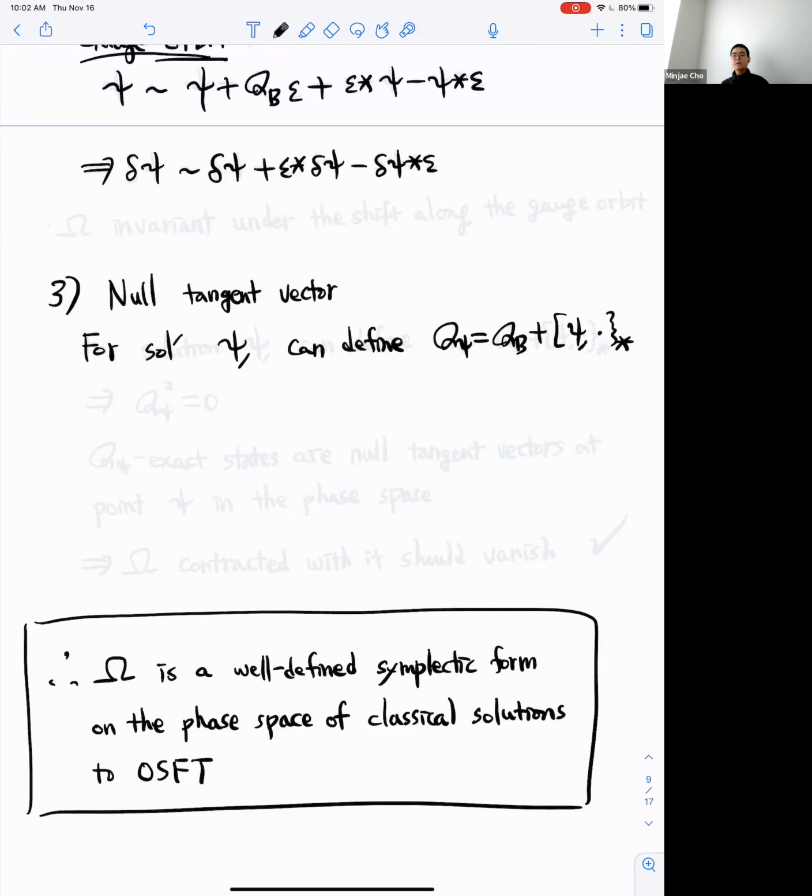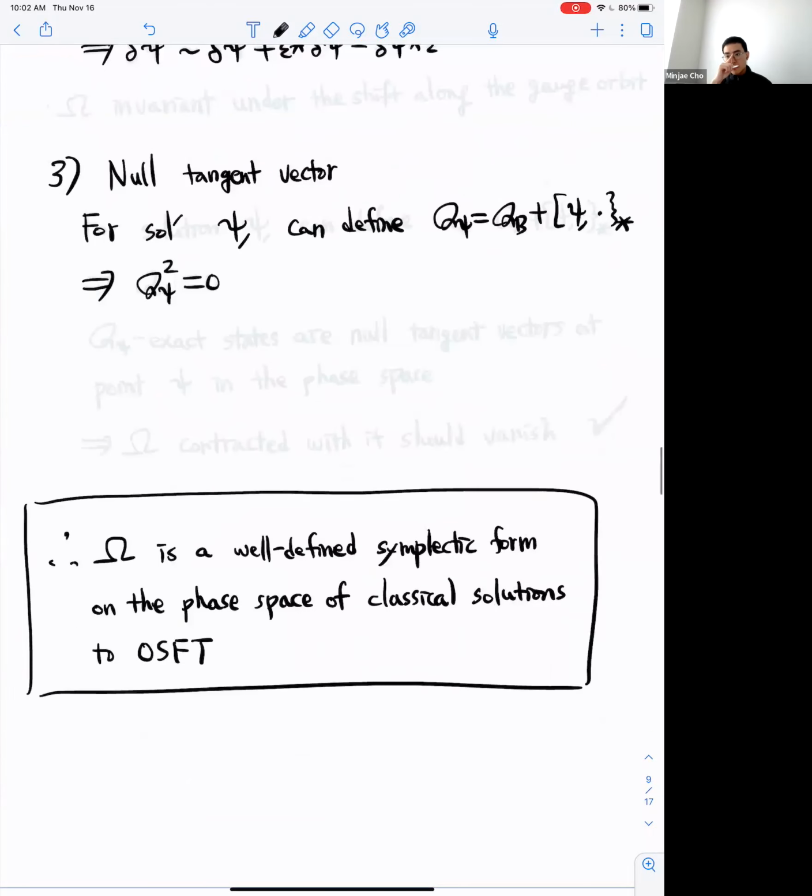So this is what one obtains once one expands the kinetic term around the solution. And it is well known that this new BRST operator is also nilpotent. So we have a cohomology with respect to this Q_psi, and these Q_psi exact states.